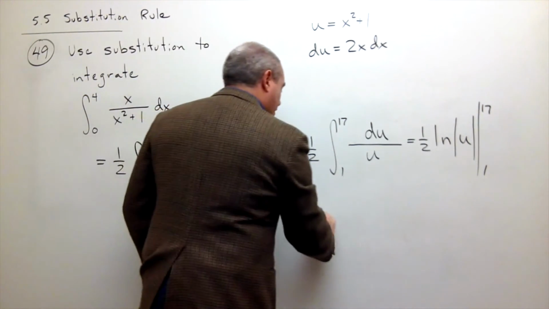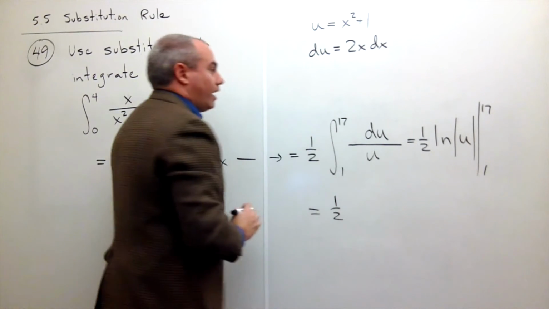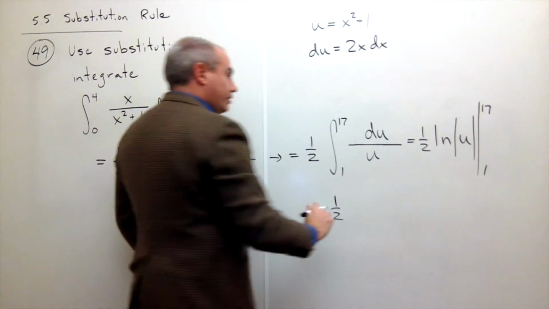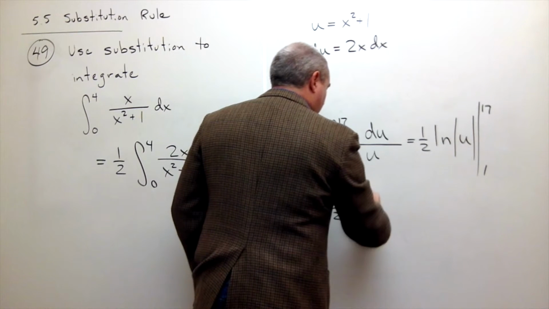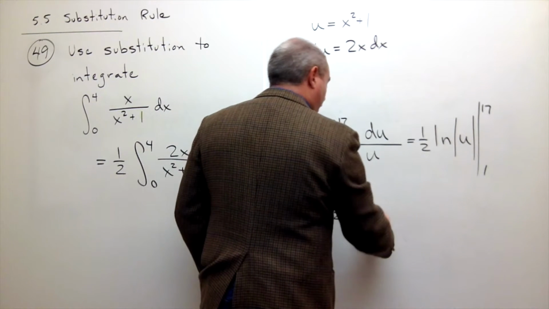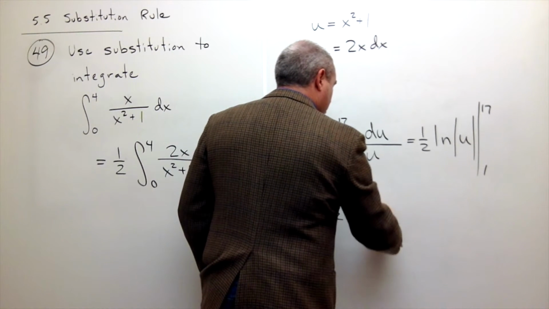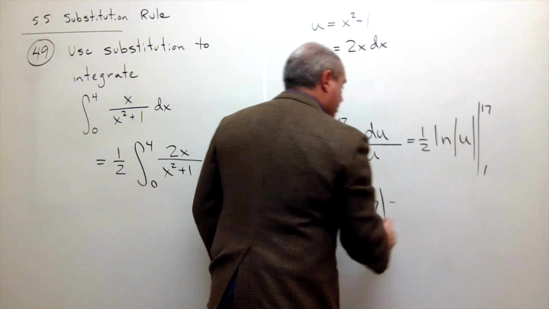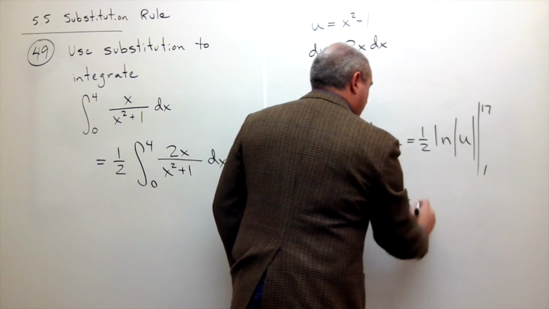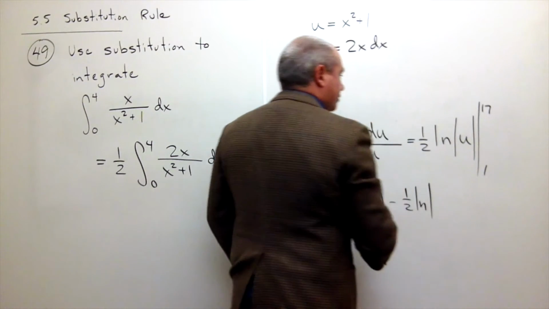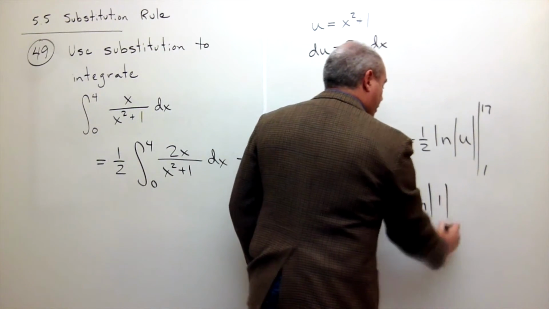We can do that, and I get 1/2 of ln of the absolute value of 17 minus 1/2 of ln of the absolute value of 1.